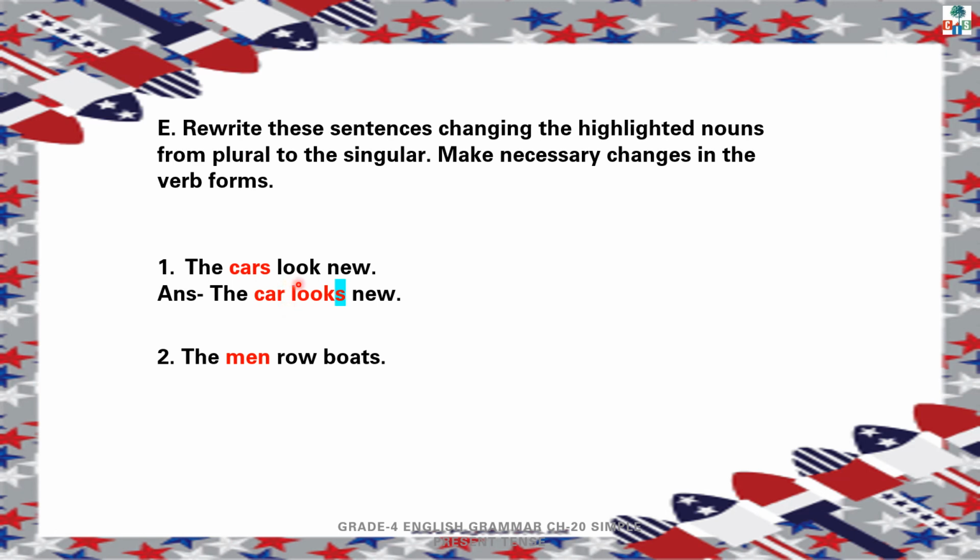And if the verb is plural, use the singular verb. The car looks new. Next, the men row boats. Yes, the noun is in plural form. The men. See the answer? The man rows boats. So like this, see the noun and change the verb accordingly. Okay, and do this exercise.